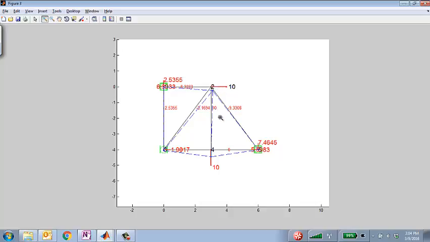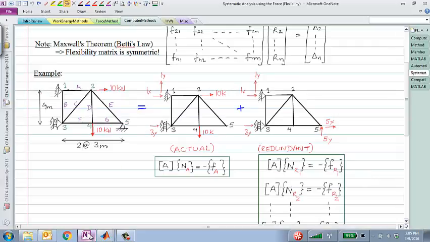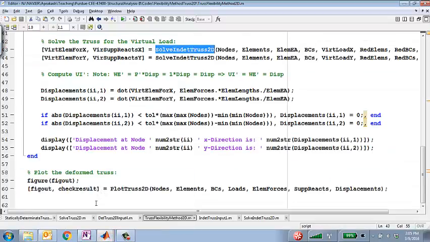So there would be lots and lots of calculations here, but if you find a way to automate that process, MATLAB will do it for you in practically no time. Maybe I'll run some of the other examples also, and I'll briefly go over that indeterminate truss 2D subroutine.